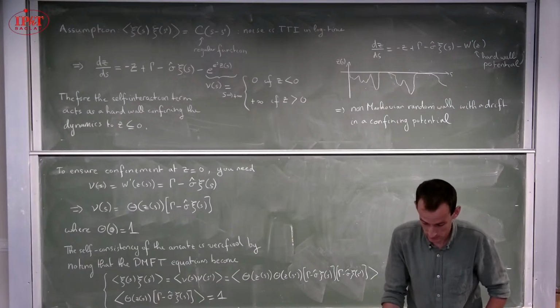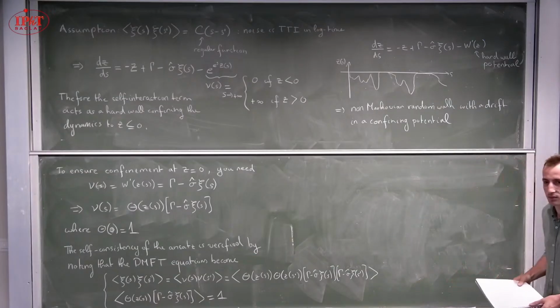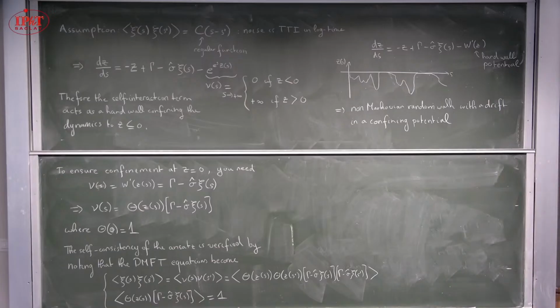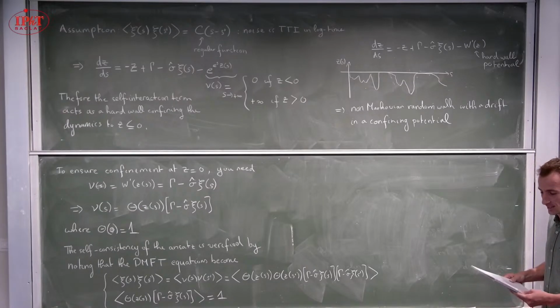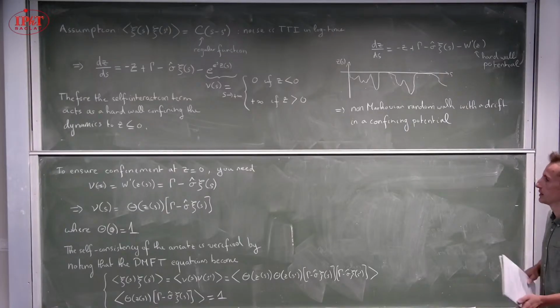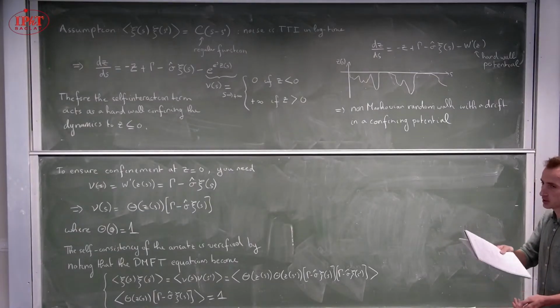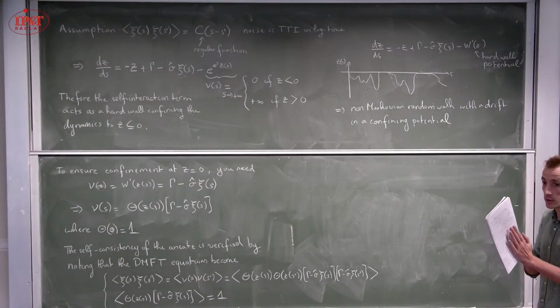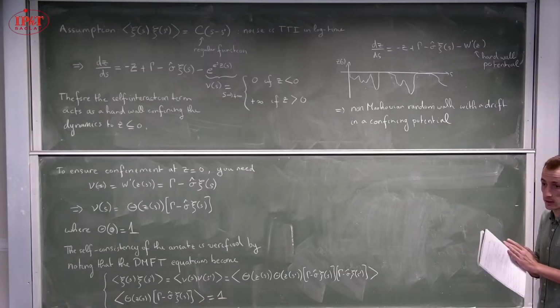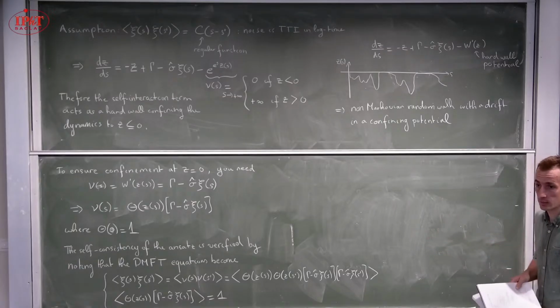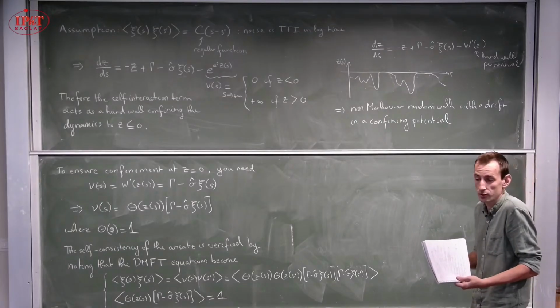It's like getting work from zero energy. It's something that seems relevant, but you don't get from the analysis. That's because this thing that you're describing becomes instantaneous in the long time regime, in logarithmic time. That's the reason why you don't see it.